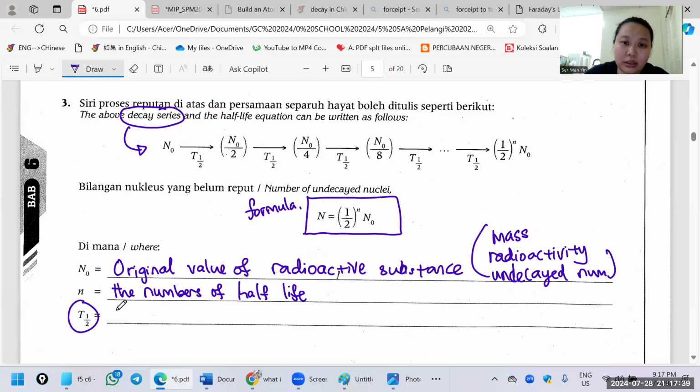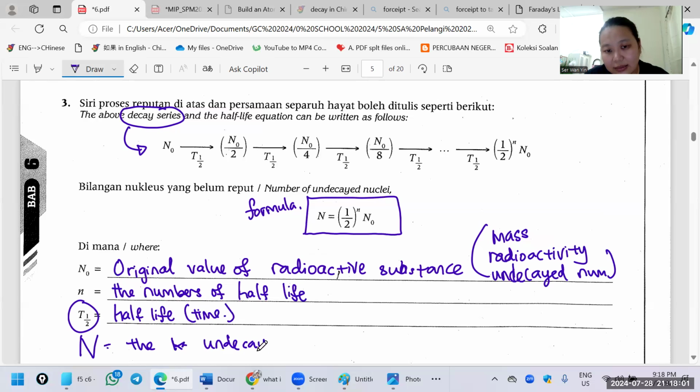This one would be the half-life, the half-life in some time. And N is the undecayed radioactive substances.